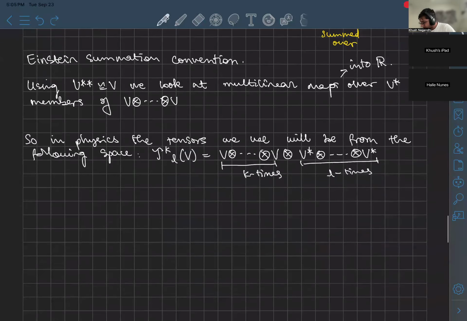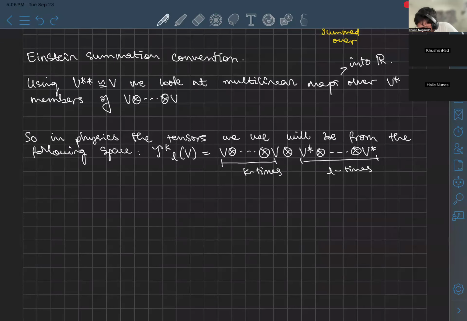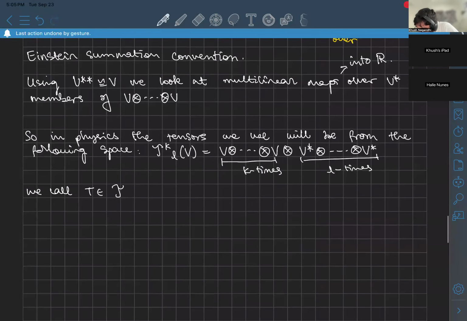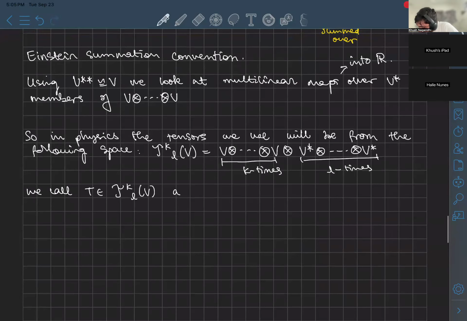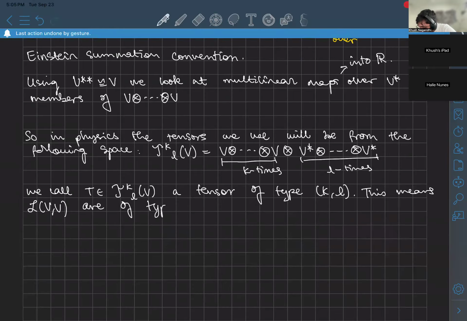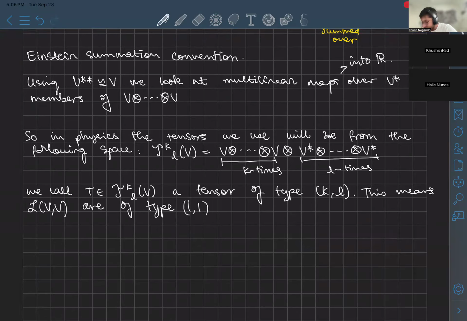We call an element of this fancy T K L a tensor of type K L. This means maps from V to V are of type 1, 1.